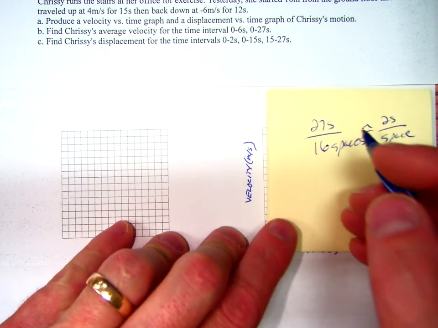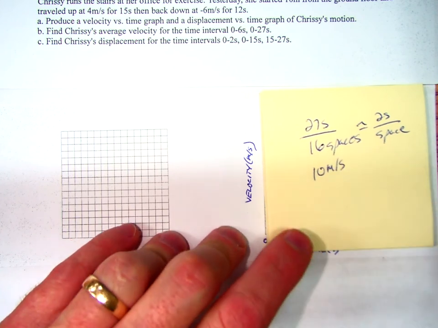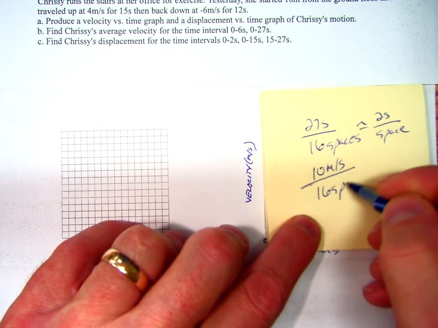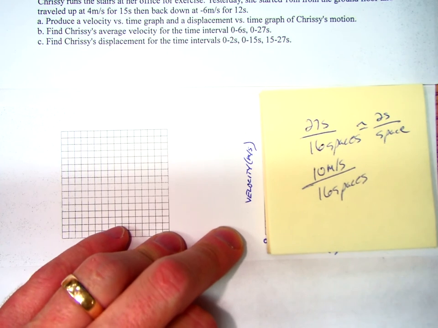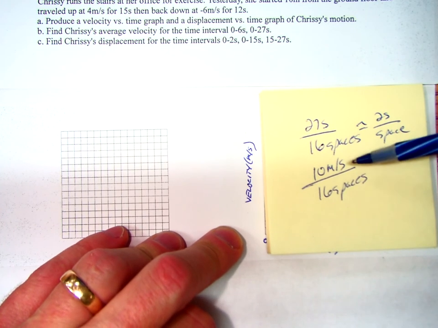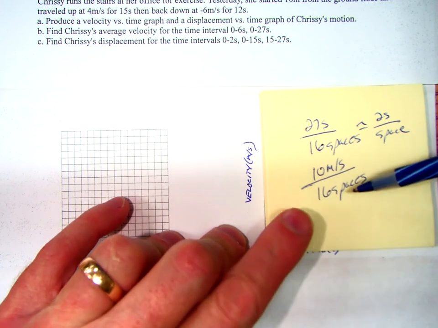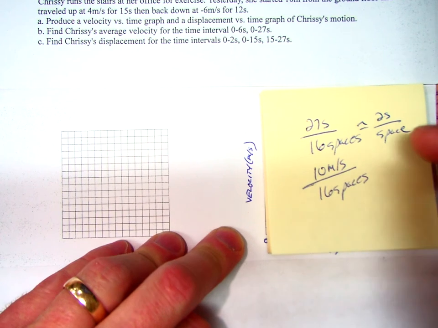So I'm going to say 10 meters per second is the amount that I have to represent, and I've got 16 spaces. Okay, so my number is going to be less than 1. Your number is also going to be less than 1. So you can round up to 1. So you would count by ones.